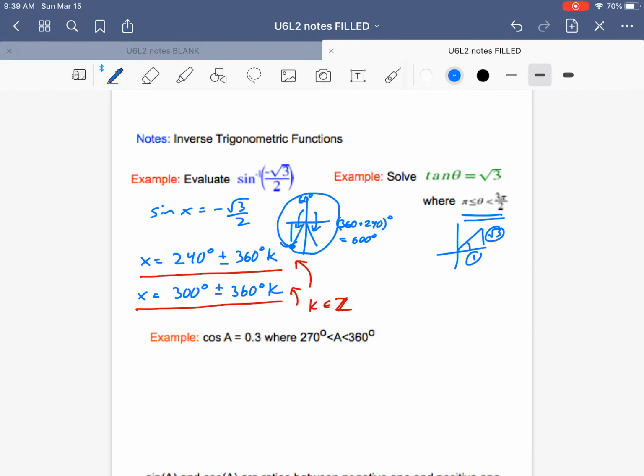That's going to happen when theta is pi over 6 or 7 pi over 6. All right, so the general solution here could be pi over 6 plus or minus pi k. Okay, so here's pi over 6 right here.